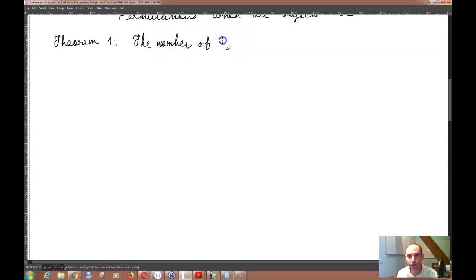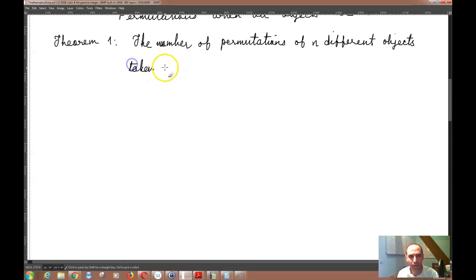So the number of permutations of n different objects taken r at a time, where 0 is less than r, less than or equal to n, meaning that r is greater than 0 and less than or equal to n.